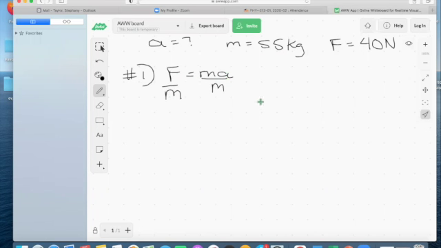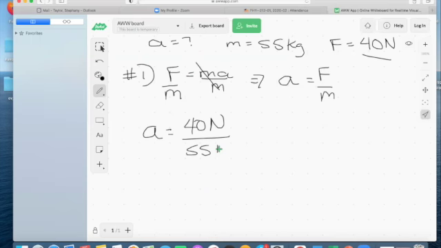The masses will cancel on the right-hand side, and we'll end up with acceleration being equal to force divided by mass. Let's plug in what we have. For force, it's 40 newtons in the numerator, and our mass is 55 kilograms in the denominator.